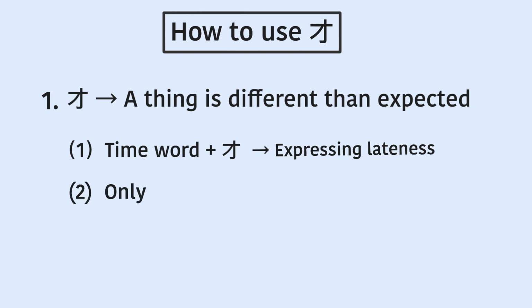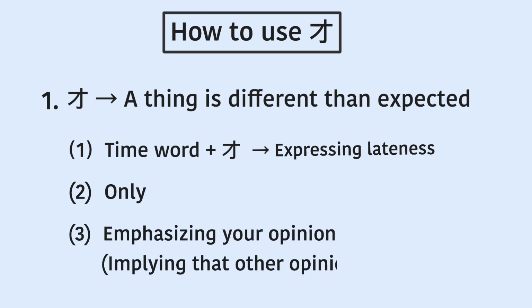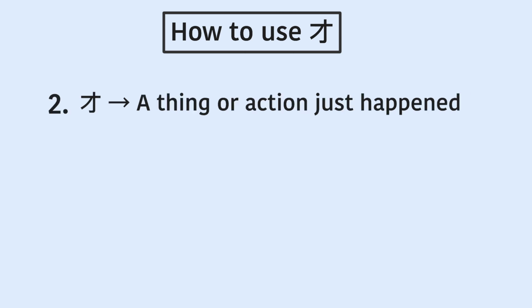Or 才 can mean only to express that a number or amount is less than expected. And also you can add 才 in your sentence when you want to give an opinion that is different from others.